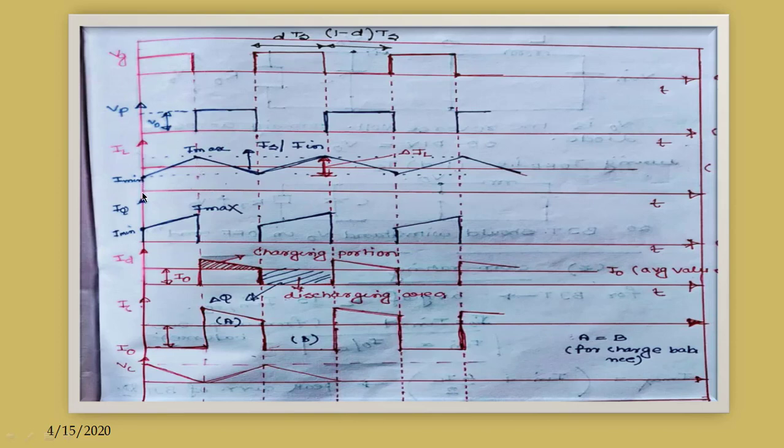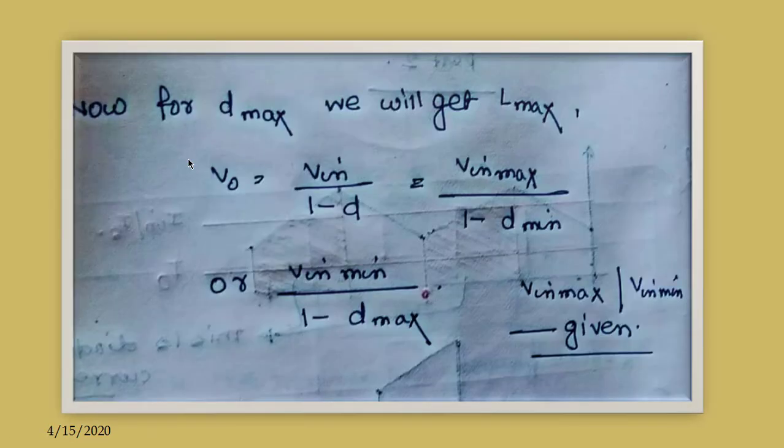One part is starting from 0, rising, and then it will become 0. And another part is again rising to Imax, then 0 and down. So basically this inductor current has two components, right? What are the two components?